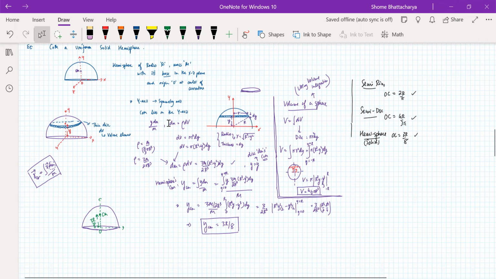Now what kind of volume element are we going to slice over here? We're going to slice a thin disc.